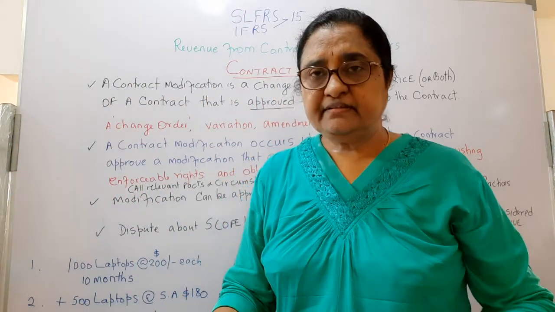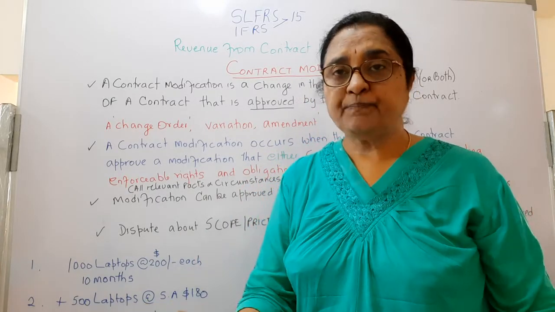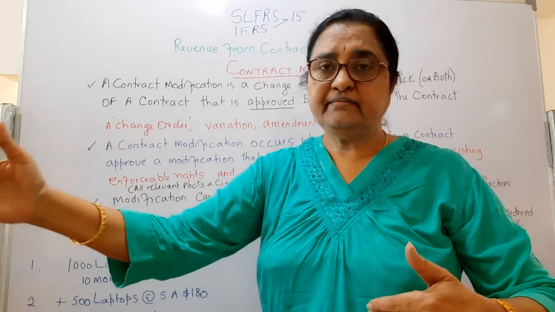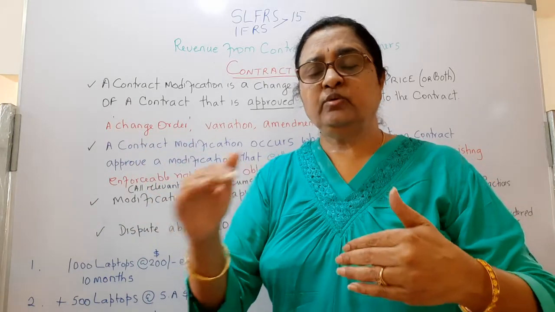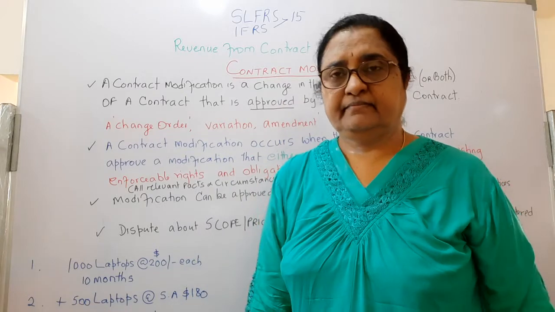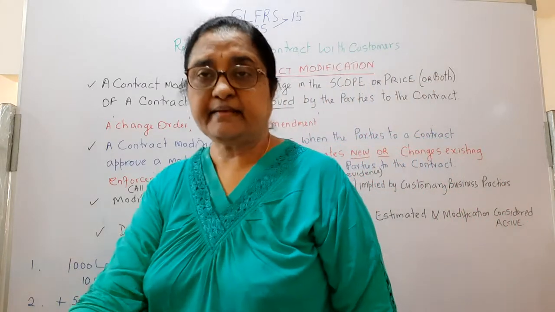You have set everything. After that, there is a change in the scope or price. Scope means boundary. Boundary means if earlier the limit of goods and services has been extended, enhanced, that is called a contract modification.